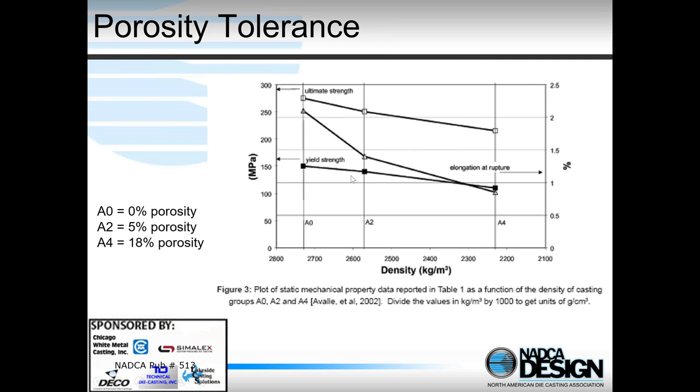And what we can see here is in this area, porosity is having very little impact upon the yield strength, and that's very common. It has more of an impact on the tensile strength, and it has a big impact on elongation. So again, you've got to think about what your casting is being used for, and maybe porosity isn't as bad a thing as you think it is.